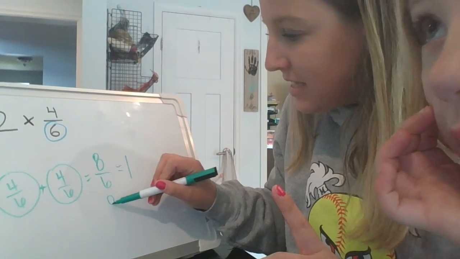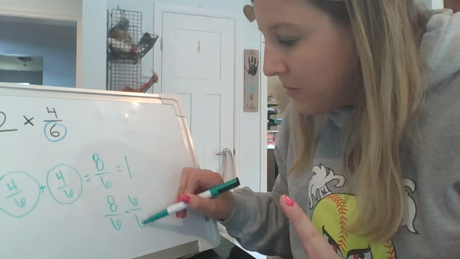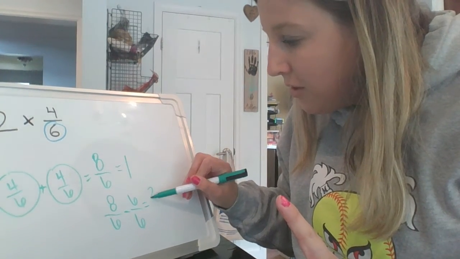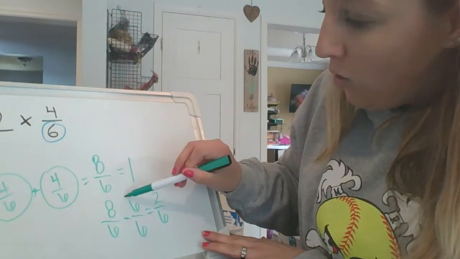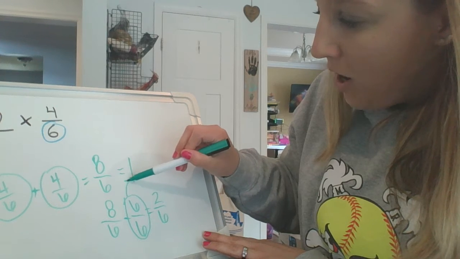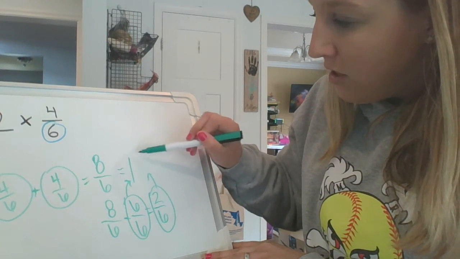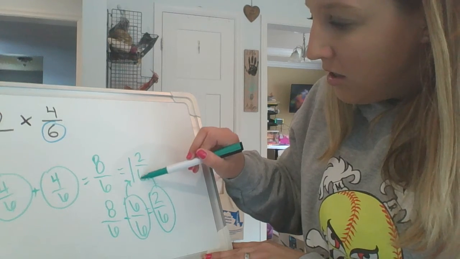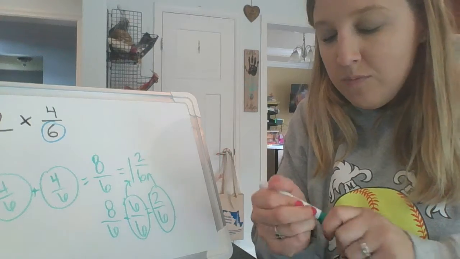So we can take 8/6 and subtract 6/6. What are we left with? We're left with 2/6. So you subtract it one whole, and that's where this 1 comes from. And this 2/6 then is what's left over. Okay?